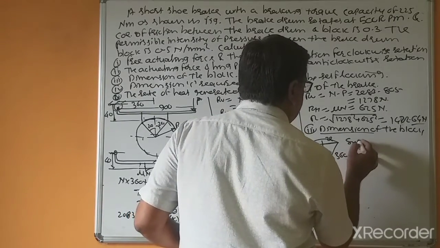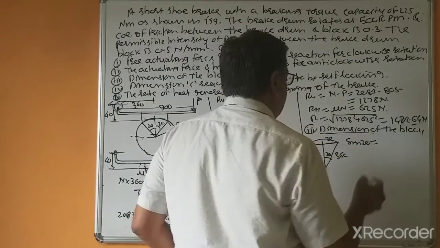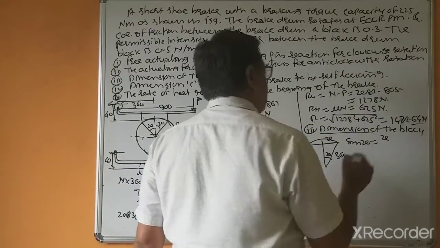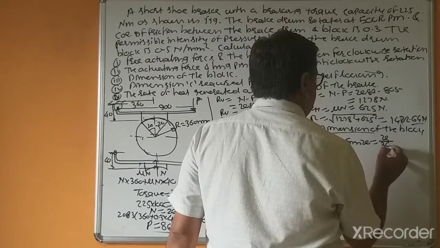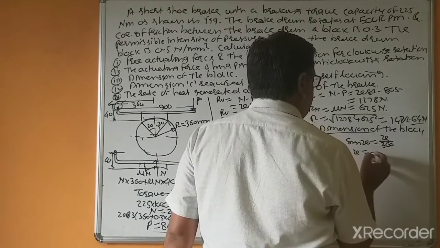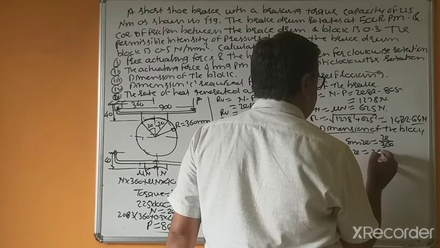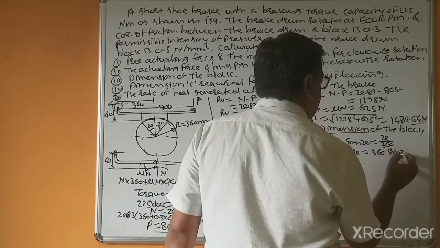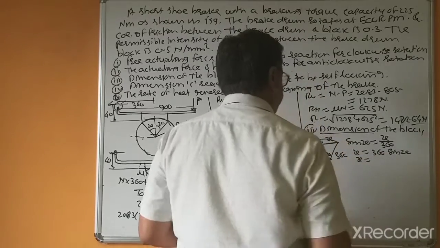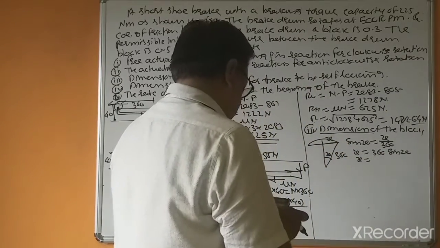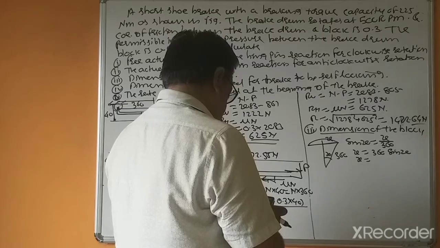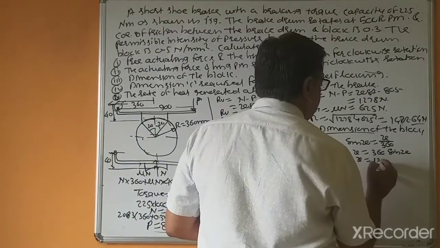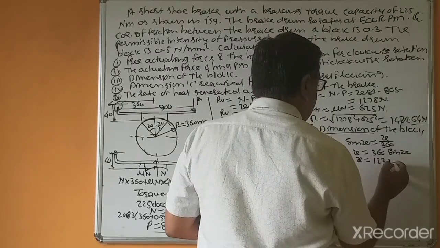So sin 20 equal to x divided by 360, and x equal to 360 multiplied by sin 20. 360 multiplied by sin 20 equal to 123.12.